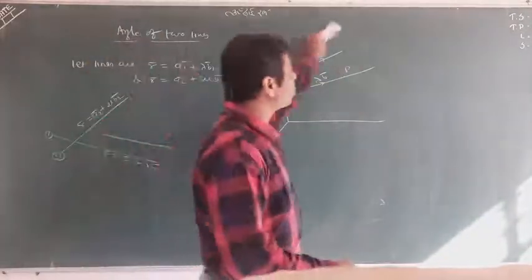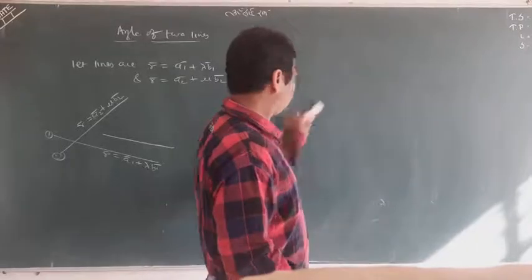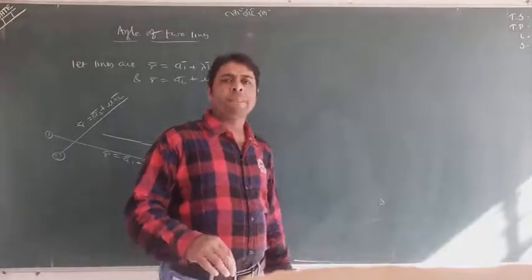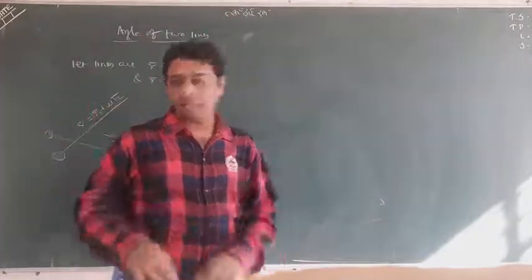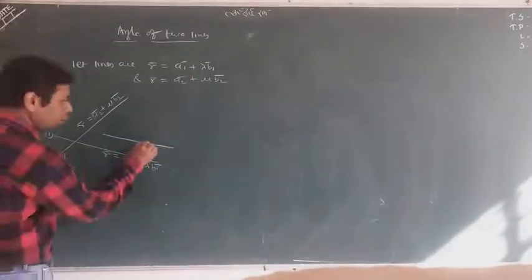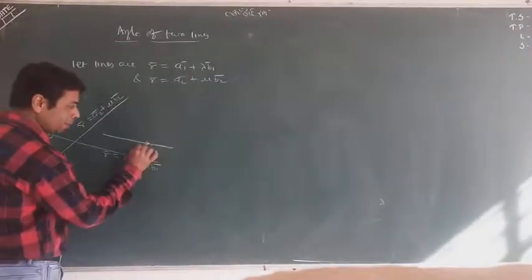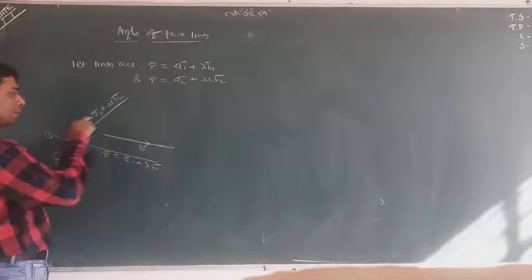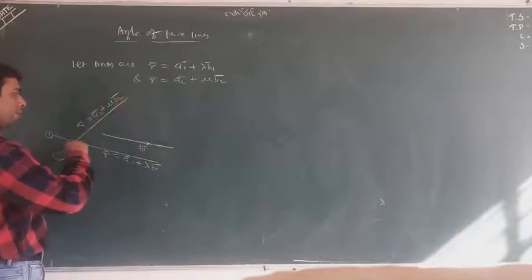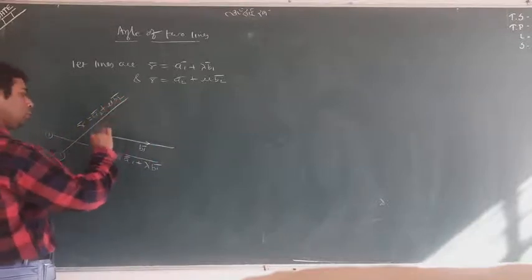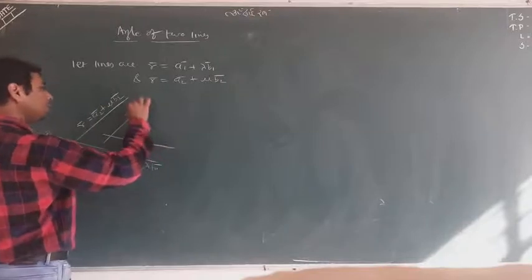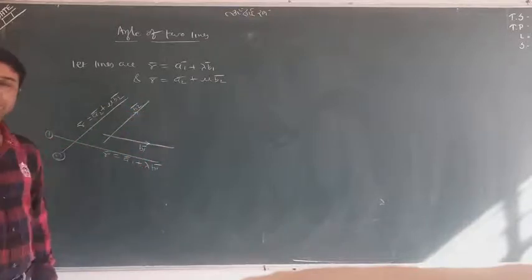So the b vector is always taken parallel to this particular line. So this is my b1. And for this particular line we have r = a2 + μb2. Where is b2? b2 is parallel to it.